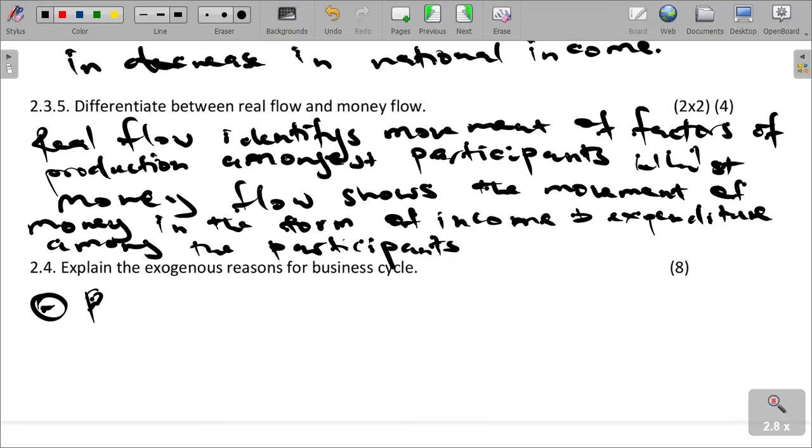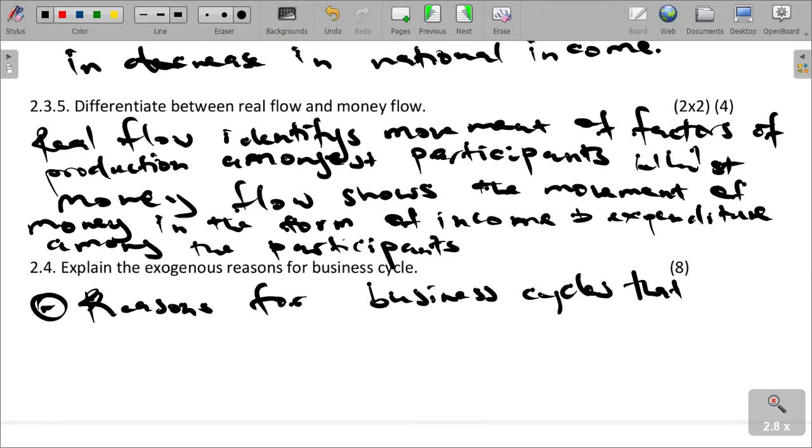For example, changes in weather conditions affect the output of the agricultural sector and tourism industry of an economy, and the total level of economic activity.